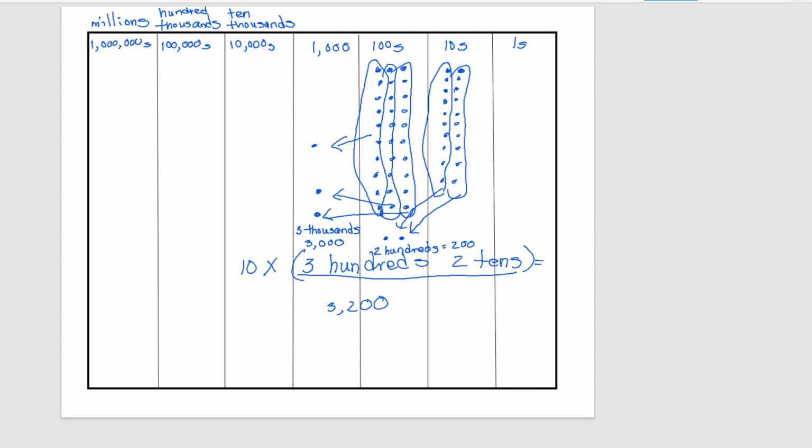Now, we could show this again, but in a little more simplified drawing by leaving out the dots. So let's see what that would look like. If we start with our original number of 300 and 2 tens, instead of drawing 10 dots, we could simply draw an arrow and say that we're multiplying by 10.